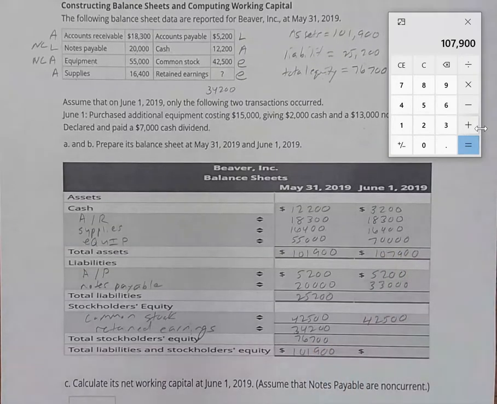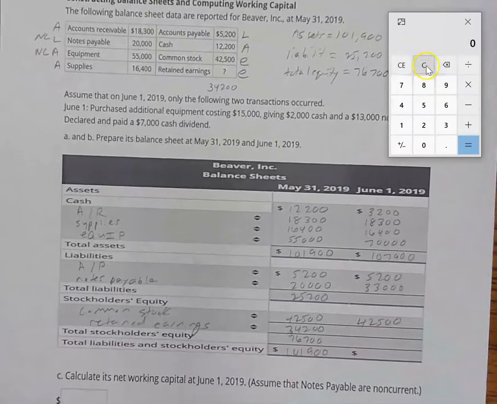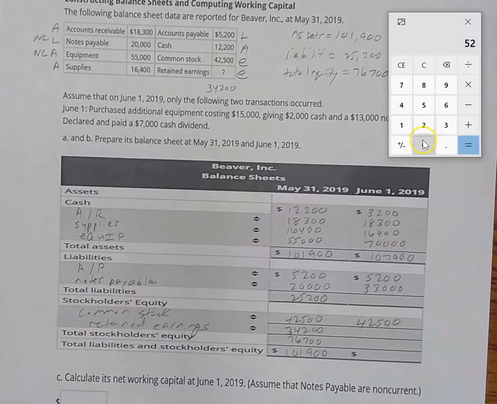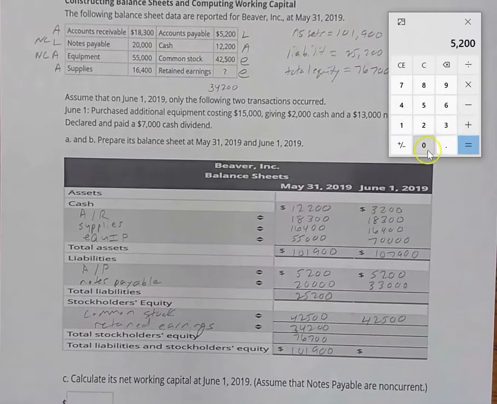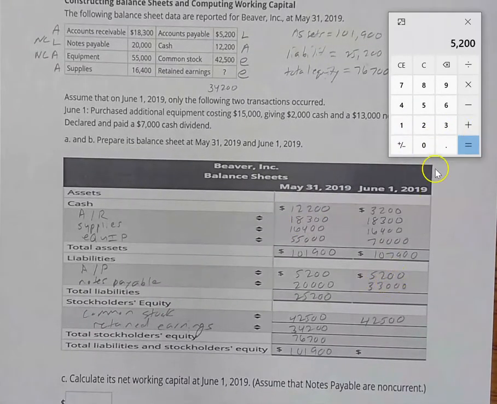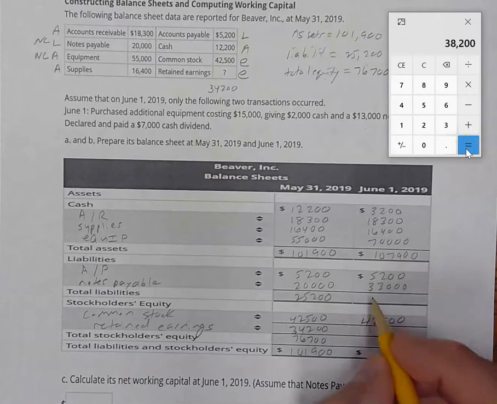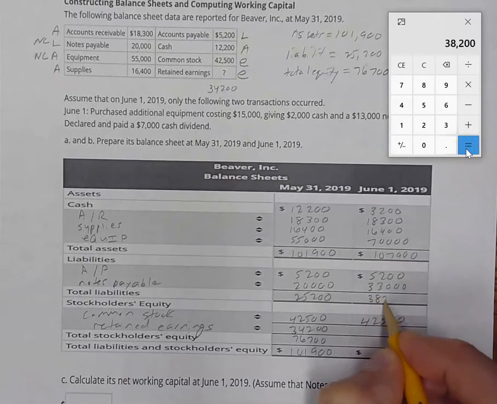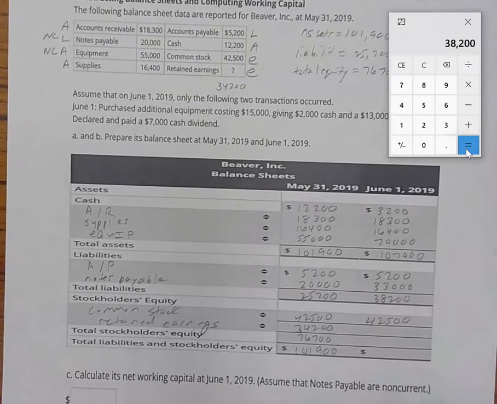All right. And then our liabilities have changed as well. $5,200 did not change. That's our accounts payable plus the $33,000 note payable gives us $38,200. Okay.